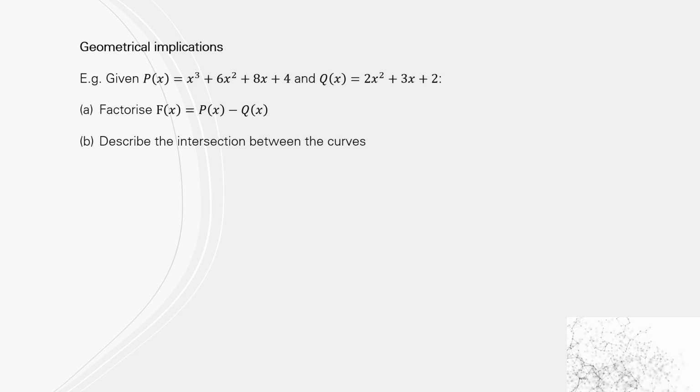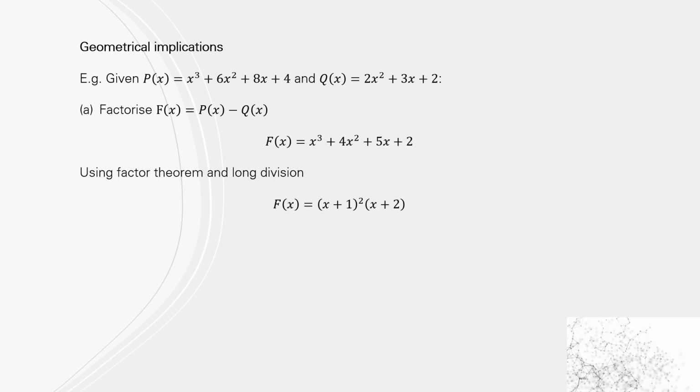So here's an example. So we've got p of x, q of x, and we're going to factorise p of x minus q of x. So obviously we're going to subtract them first, and then we're going to describe the intersection between the curves. So subtracting them to get f of x, you get x cubed plus 4x squared plus 5x plus 2.